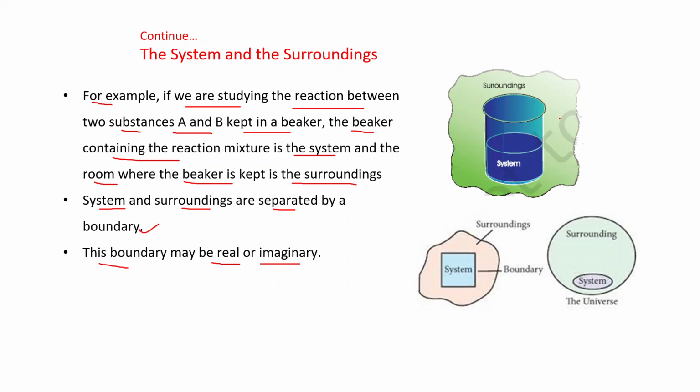In the case of this reaction mixture kept in this beaker, the walls of the beaker constitute the boundary, and this is a real boundary. You can also consider this is the system, this is the surroundings, and this wall is the boundary. And again, this circle represents the universe. In the universe, the system is there, the surroundings are there.